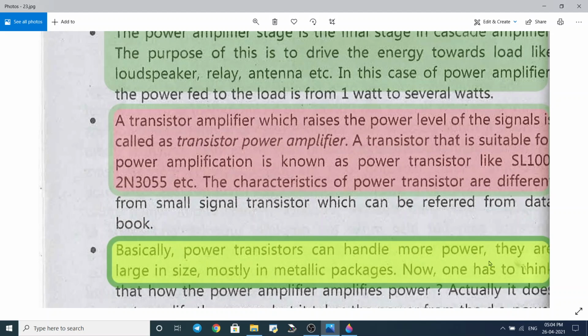So for this purpose they are large in size, and they come mostly in a metallic package. The ordinary general purpose transistors come in a plastic package, whereas these power transistors come in a metallic package and they are generally large in size.